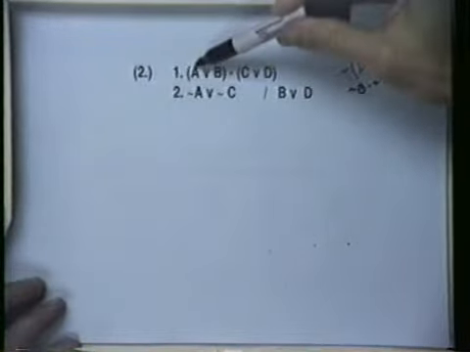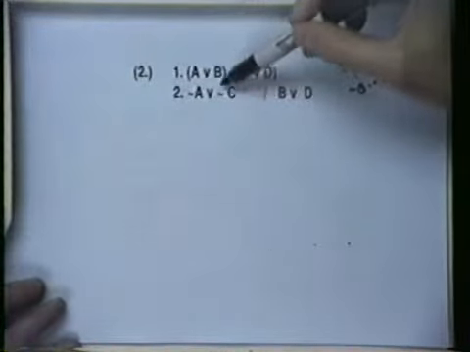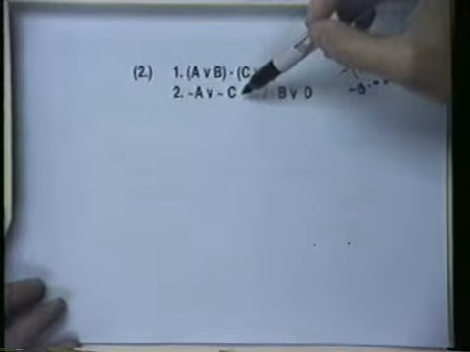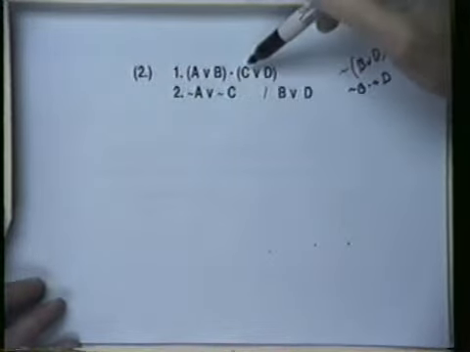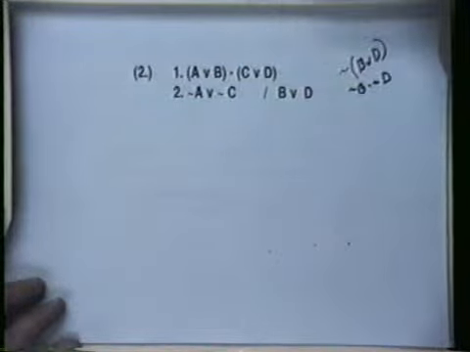Well, if we have the A, of course on line 2 we have not A or C, so by disjunctive syllogism we could get not C, and yet we've already just said that we can get C from line 1. So here's a possible contradiction between C and not C.